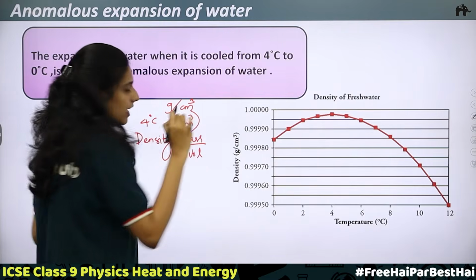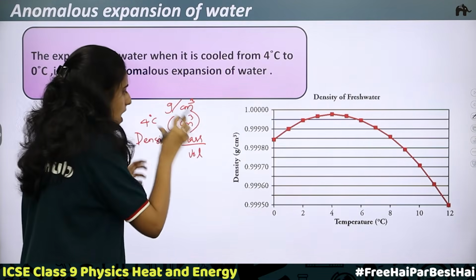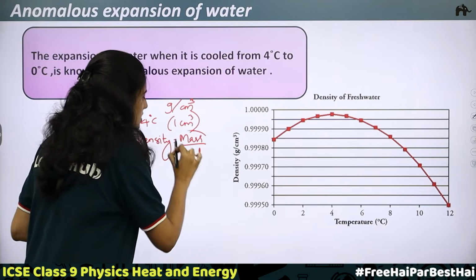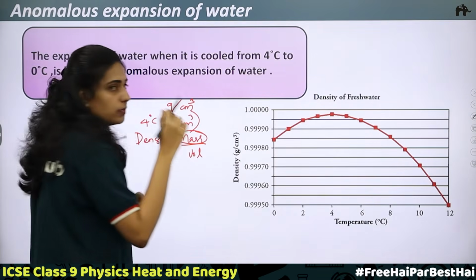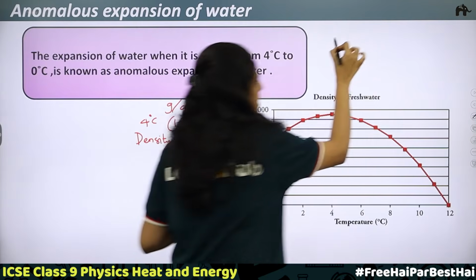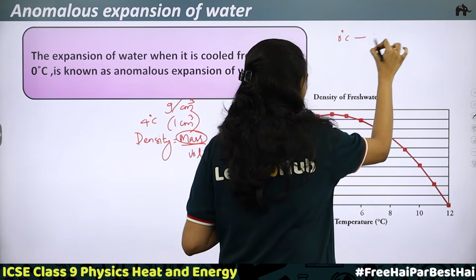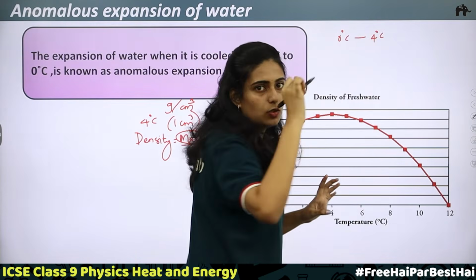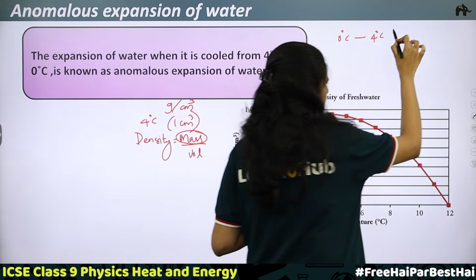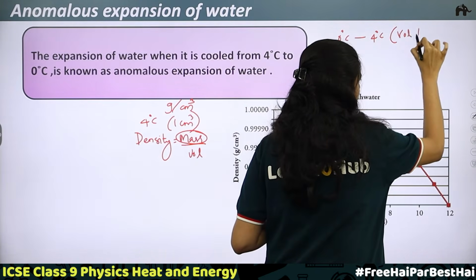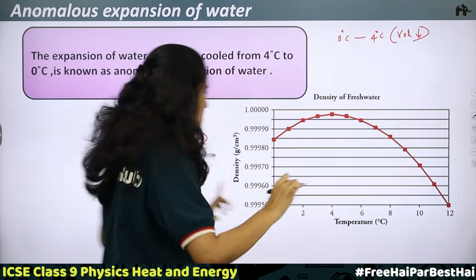So, here we have taken 1 gram of water. That is a mass is fixed. Mass is not changing. For this fixed mass, normally what is happening in the range 0 degrees Celsius to 4 degrees Celsius, what is happening to volume? When you are heating, instead of expansion, here it contracts. That is volume is decreasing.